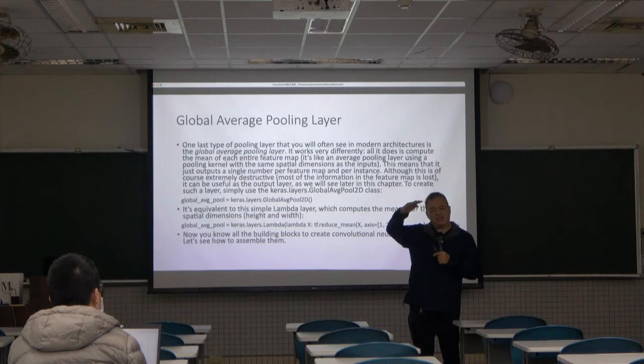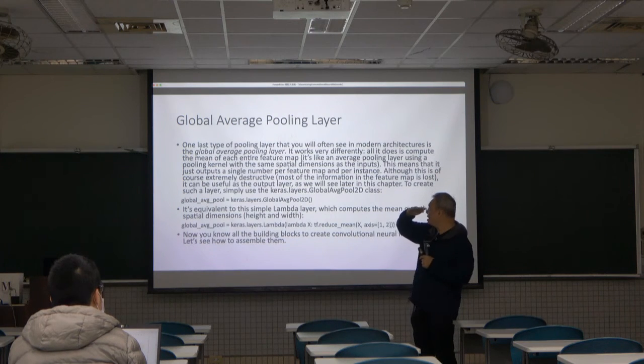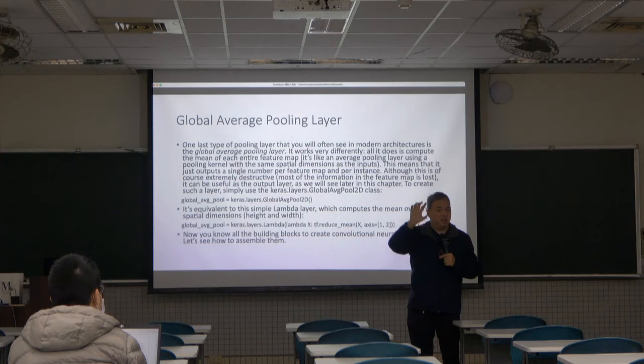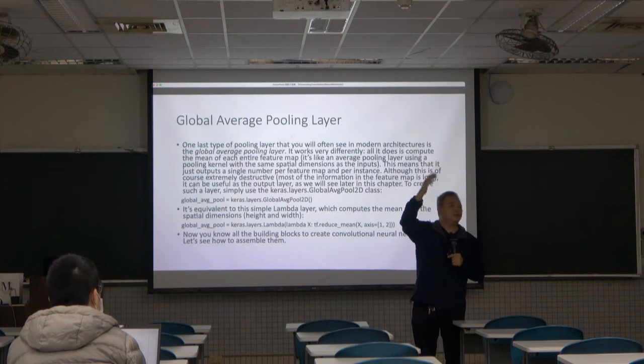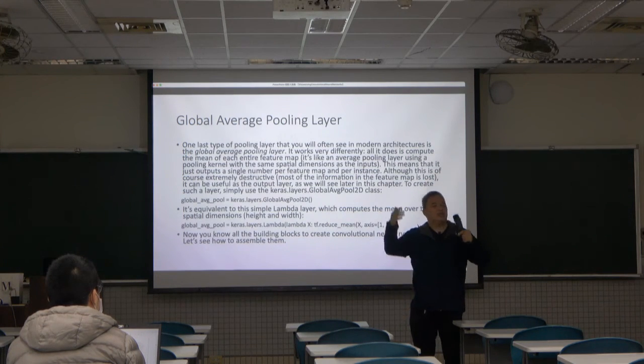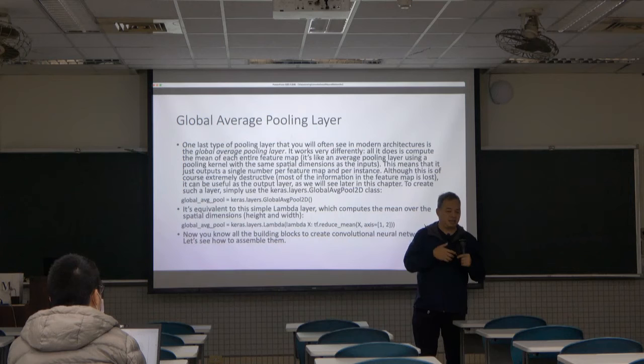At the end of this pile, we have a global average pooling to shrink each feature map into one number, and then we treat this whole array of numbers, since each one has now become one number, as the input of the following layer, which will be a fully connected layer, and then we do either the regression or classification task.